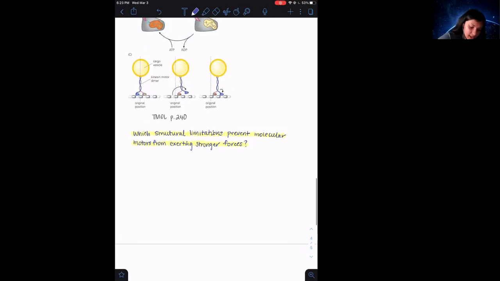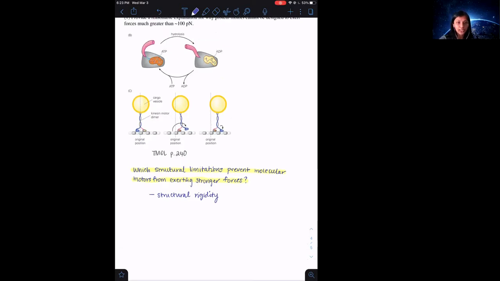So basically, proteins have high structural rigidity, due to being held together by weak intermolecular forces, that would prevent them from exerting strong forces.